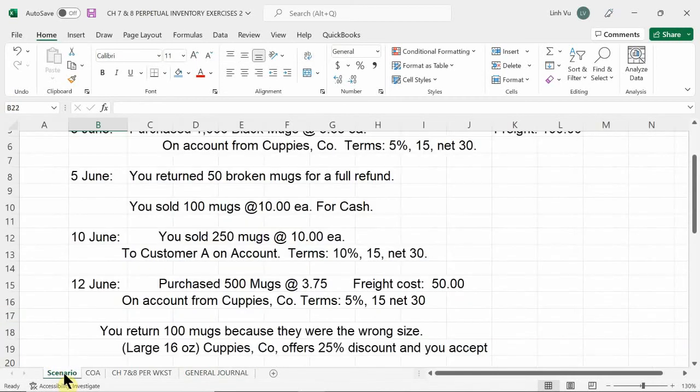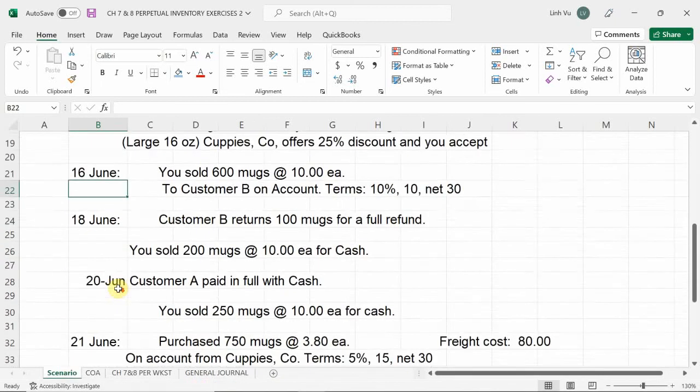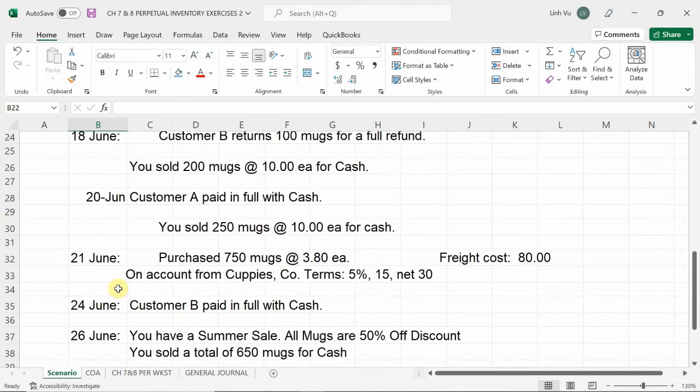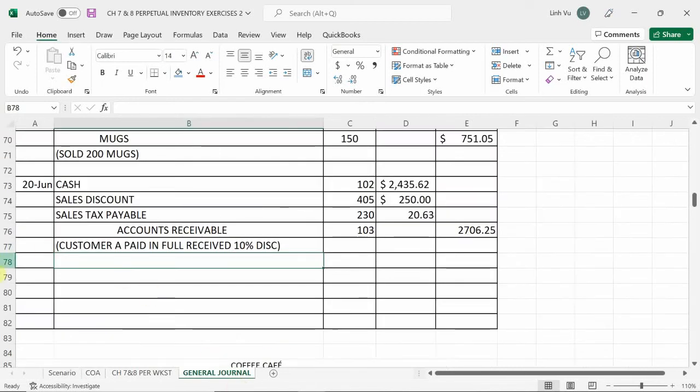Now that customer A paid, you end up selling another 250 mugs for $10 each for cash. This is the 20th. So you end up selling 250 mugs at $10 each for cash.